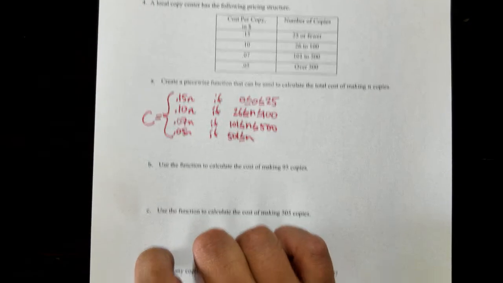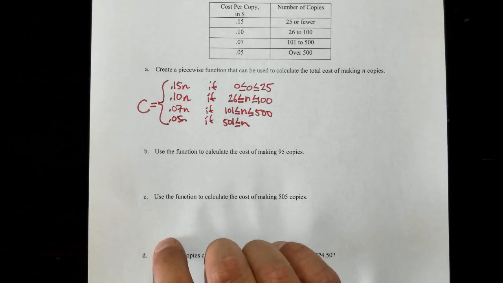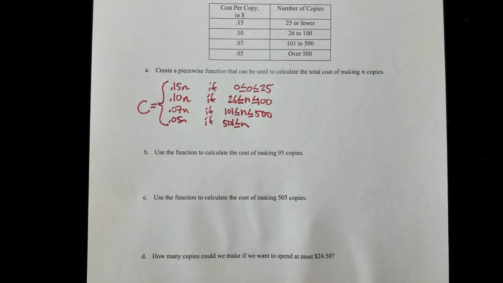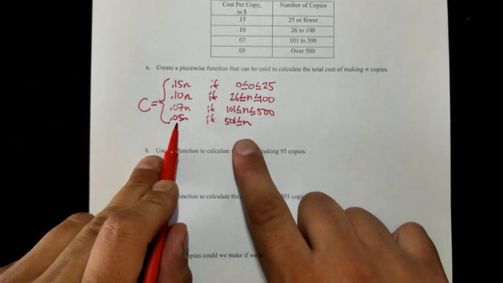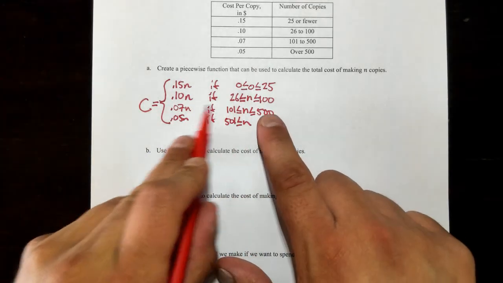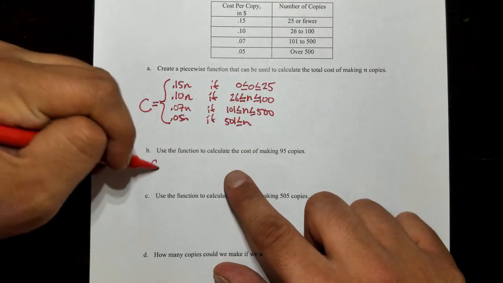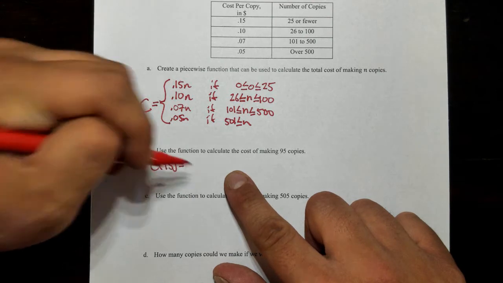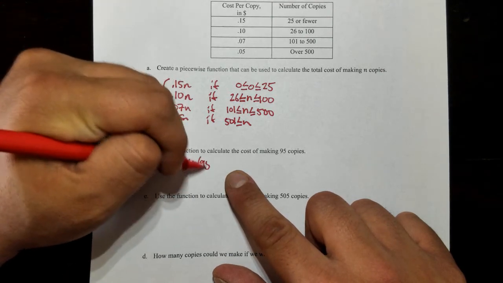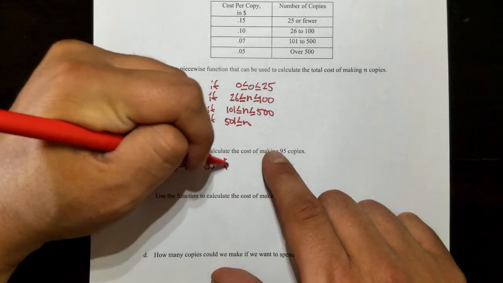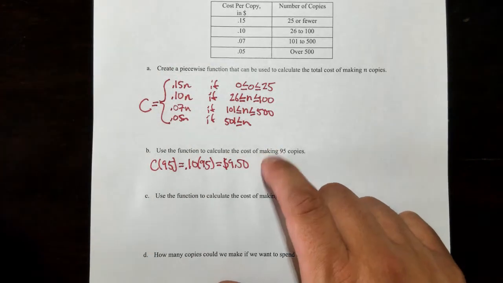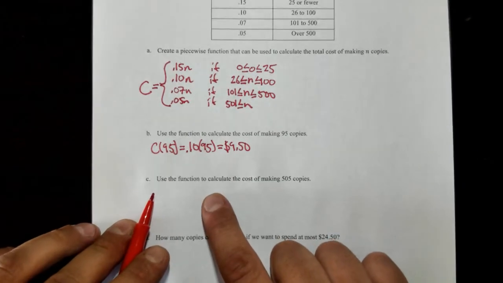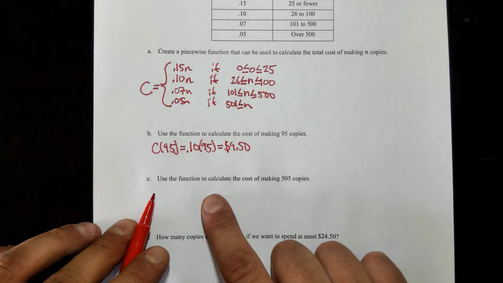Awesome. So B, use the function to calculate the cost of making 95 copies. We have to figure out which rule to use. 95 would be the one at 10 cents, so C of 95 equals 0.10 times 95, which equals 9.50. Then C, use the function to calculate the cost of making 505 copies.